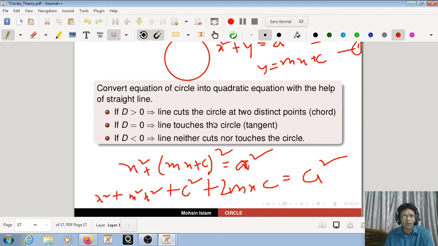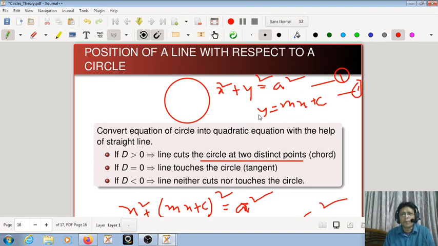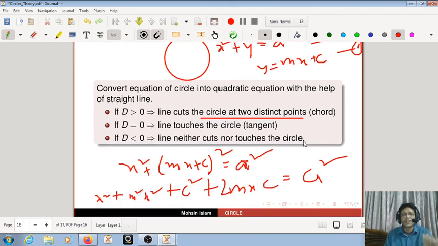If D is greater than 0, the line cuts the circle at two distinct points, and that is the chord. So what is the condition of the chord? Discriminant is greater than 0. And how do we look at the discriminant? By solving the equation of the circle and the straight line, and you will get a quadratic.